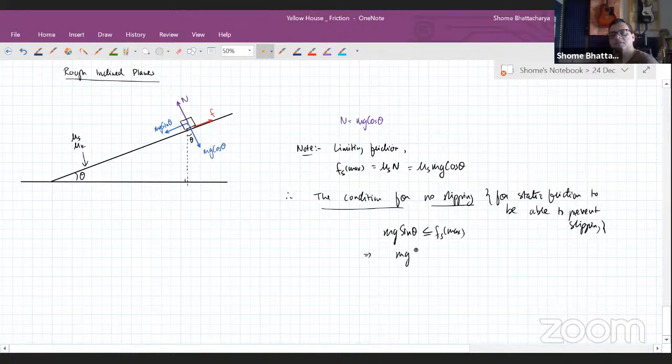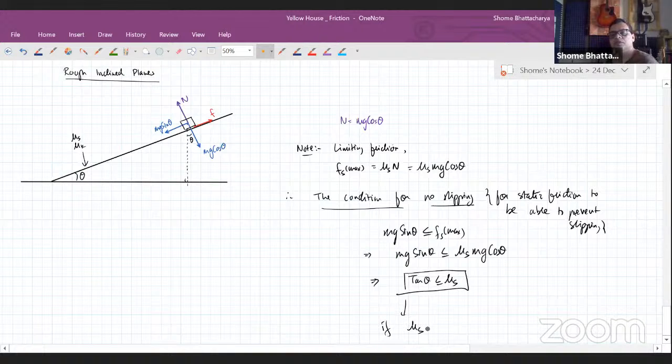So mg sine theta should be less than equal to coefficient of static friction multiplied by mg cos theta. So ultimately we can see the condition for this is that tan theta should be less than equal to coefficient of static friction. So in other words, we say that if coefficient of static friction is greater than equal to tan theta, then the block will remain at rest when released.